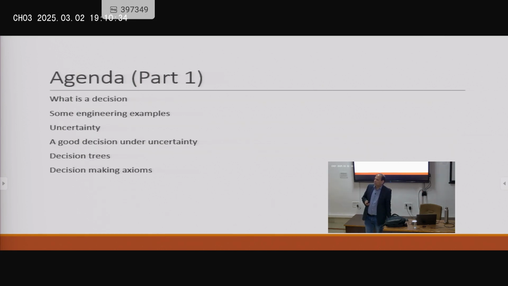I broke my presentation on decision analysis down into 2 parts. In part 1, these are the things we'll be covering. And in part 2, we'll cover the remaining ideas, including some topics in multi-attribute decision making.